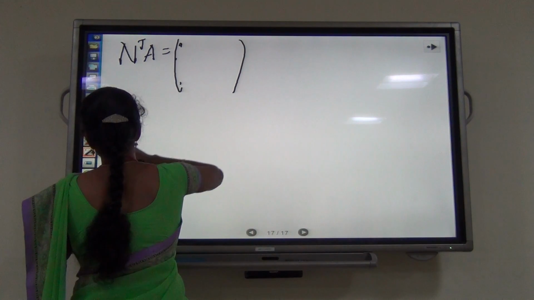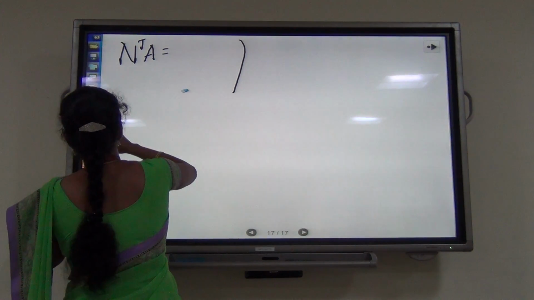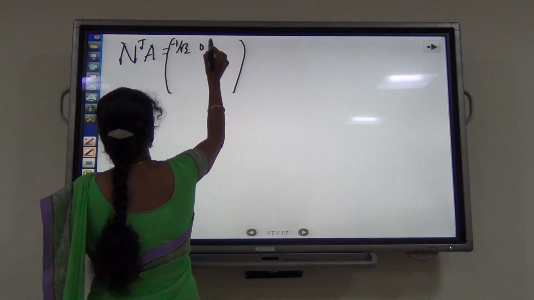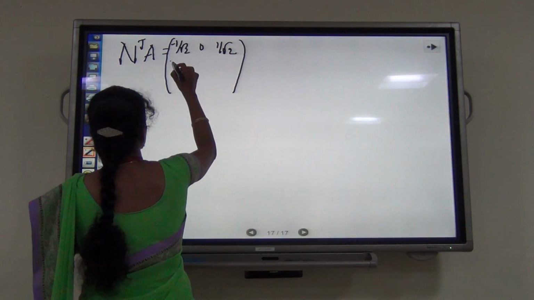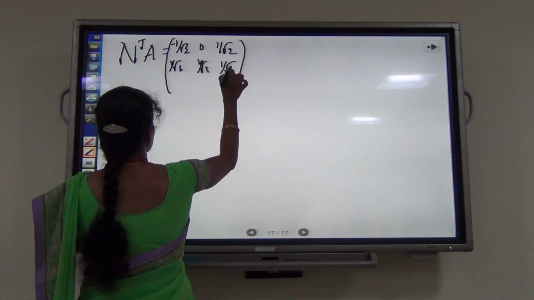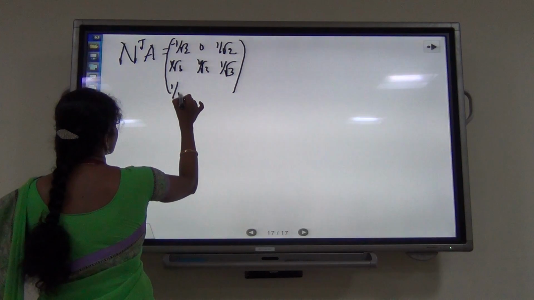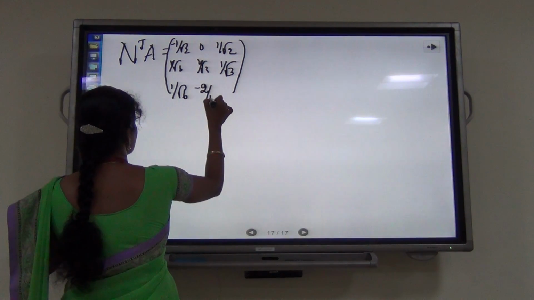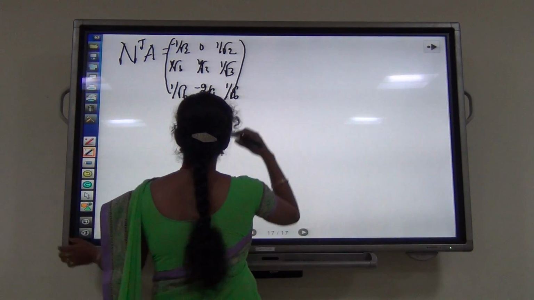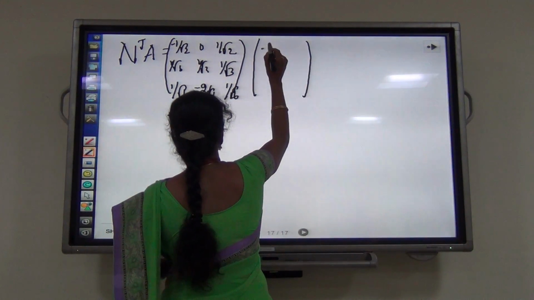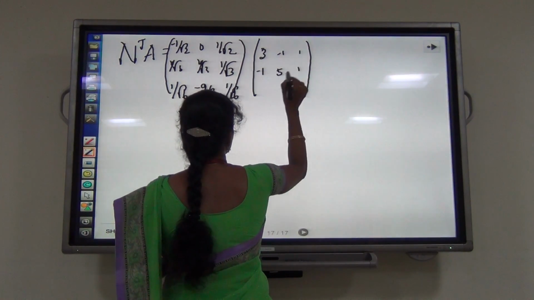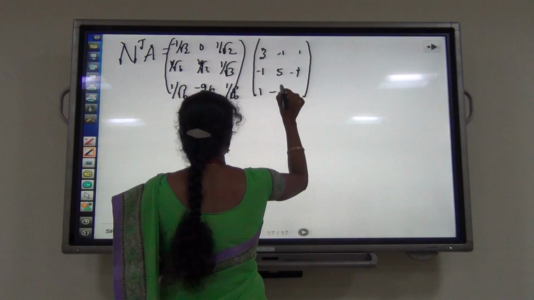It is minus 1 by root 2, 0, 1 by root 2, 1 by root 3, 1 by root 3, 1 by root 3, 1 by root 6, minus 2 by root 6, 1 by root 6, and it is being multiplied with A. Let us write the matrix A: 3, minus 1, 1, minus 1, 5, minus 1, 1, minus 1, 3.